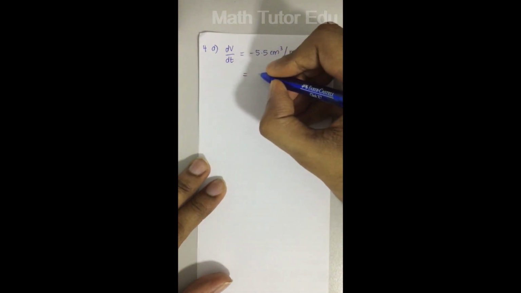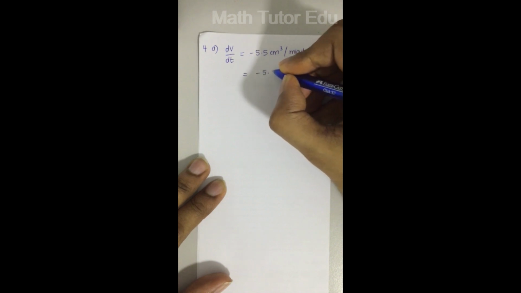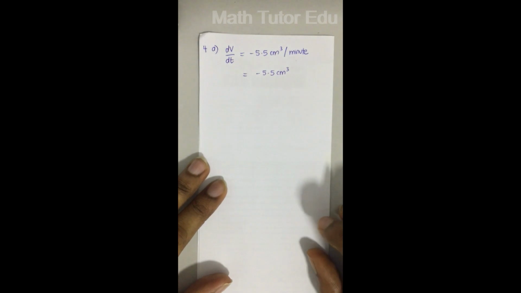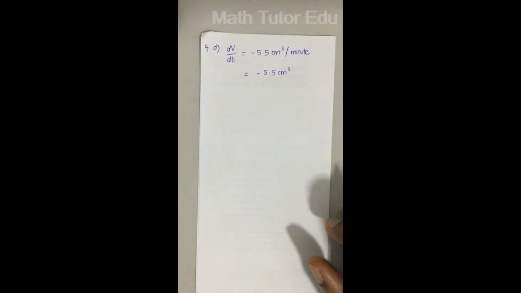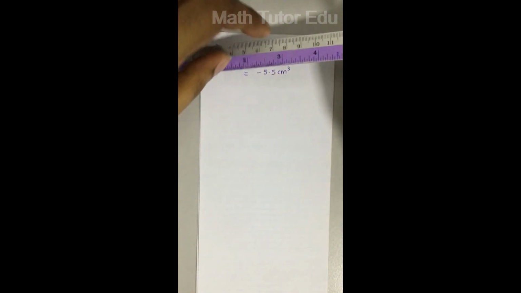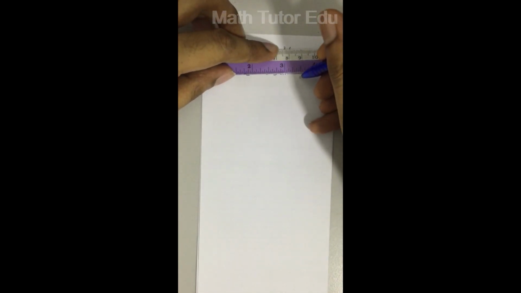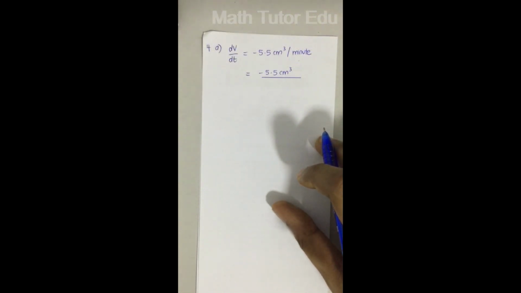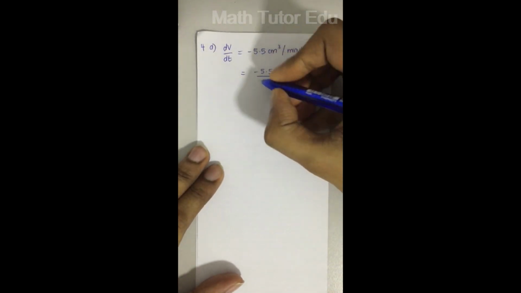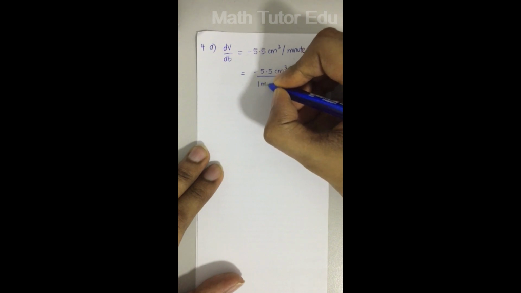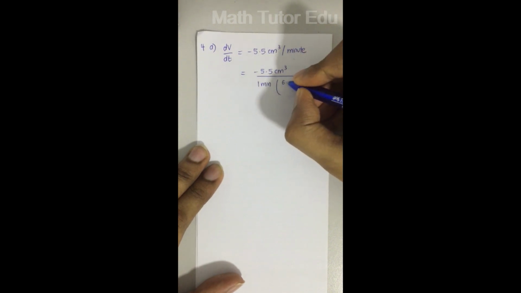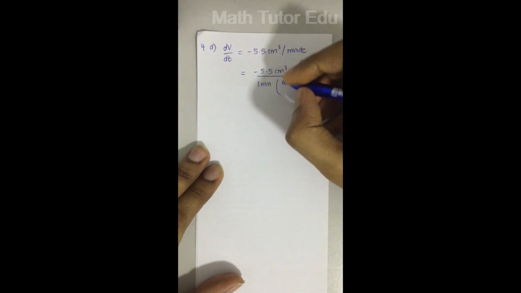Negative 5.5 centimeter cube divided by 1 minute, then in the bracket times 60 seconds per 1 minute.